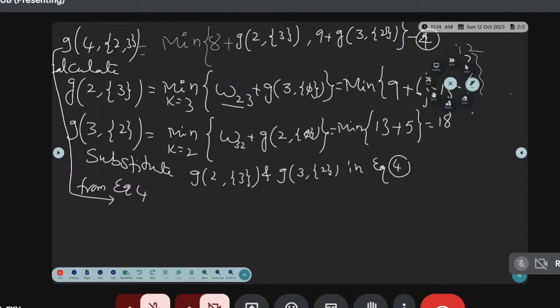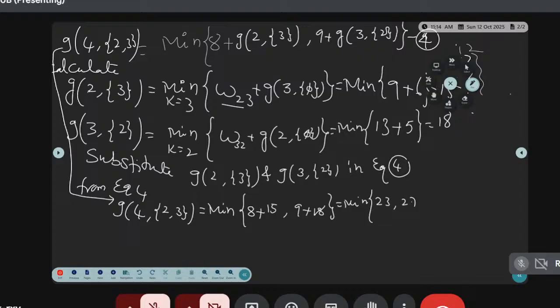G of 4 comma 2 comma 3 is equals to minimum of 8 plus G23, G23 value 15, 9 plus G32 value 18, 23 comma G 4 comma 2 comma 3, right? Now substitute all these values in equation 1.